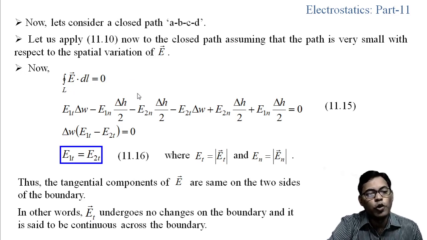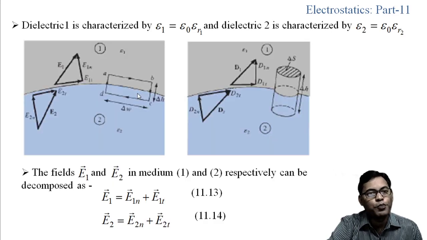Now, suppose we want to move a point charge through this path, A to B, B to C, C to D, D to A. In this closed path, we want to move a point charge. As the electrostatic field is present, we need to do some work.